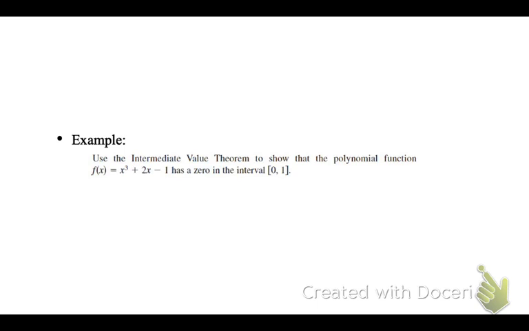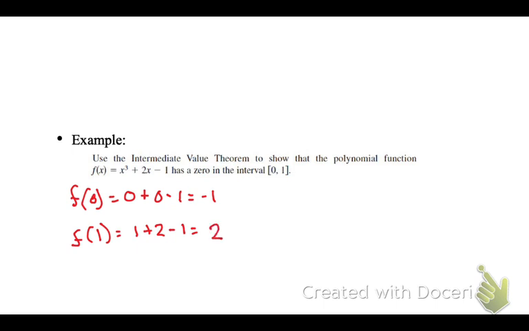Everyone following? Yes. So I'm going to take f of 0, and that's going to be 0 plus 0 minus 1, so I get negative 1. Okay? And then I'm going to take f of 1, which gives me 1 plus 2 minus 1, which gives me positive 2.